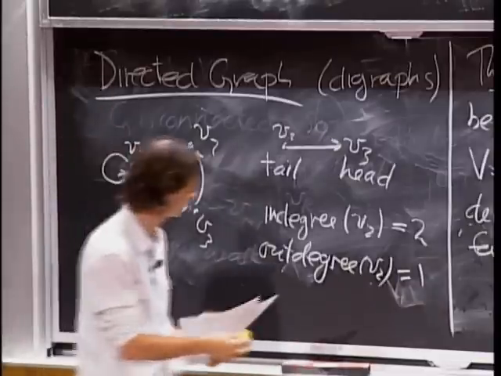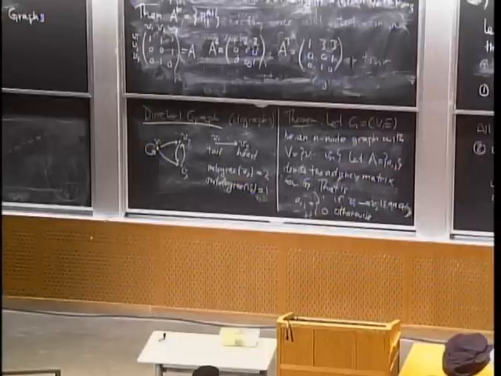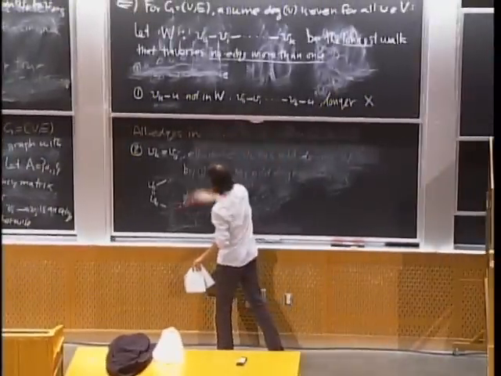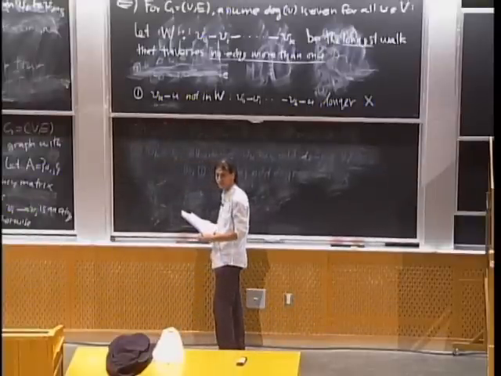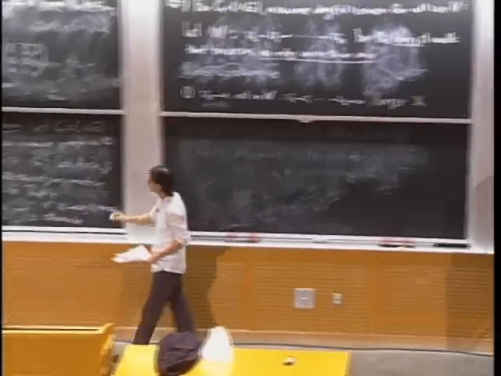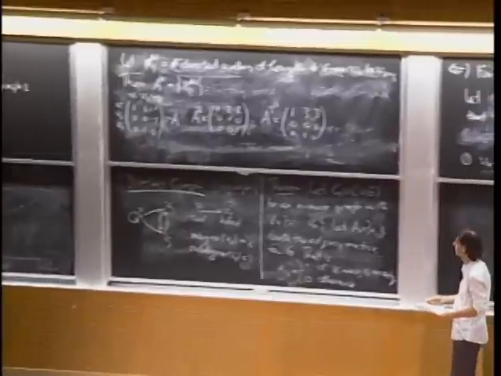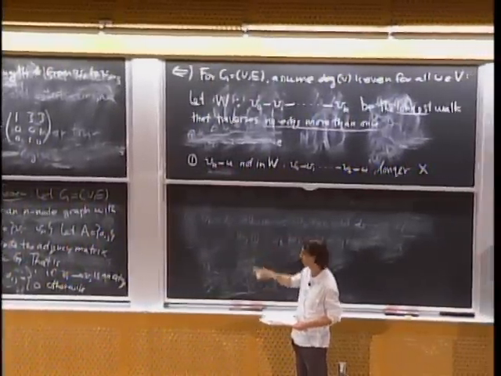So how do we prove this? Well, we use induction, and the steps are pretty straightforward. We want to prove that the kth power of A is equal to that matrix up there, where all the entries represent the number of walks.